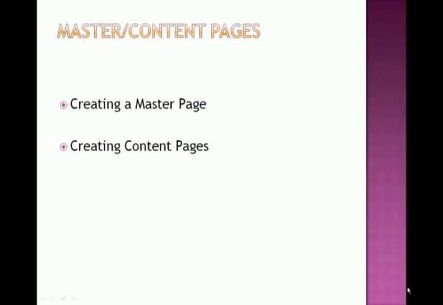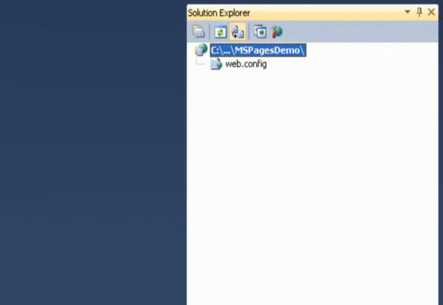Okay, now I will show you here how we can create master pages, and also how to create a content page and link the content page to the master page, basically working and producing consistent looking web pages. So here I have opened a website, and it's basically MS Pages demo.